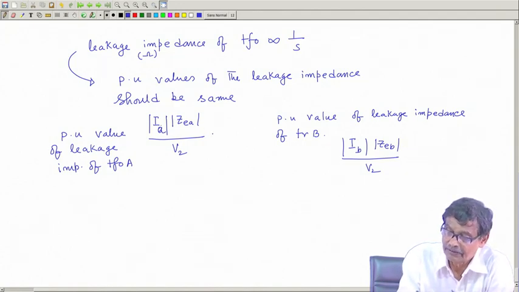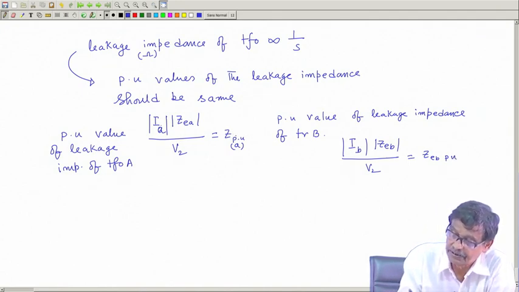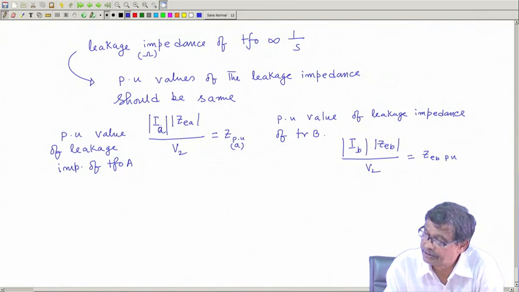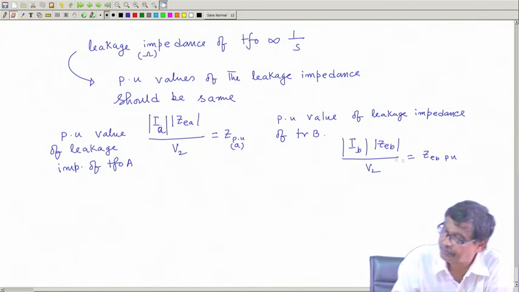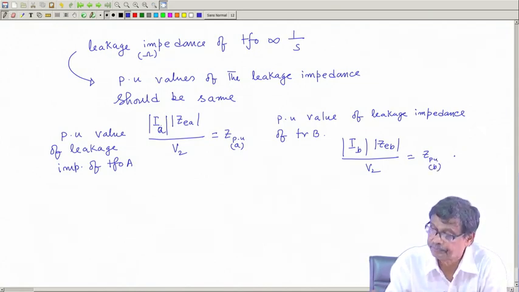This is called Z_EA per unit, transformer A, and this is Z_EB per unit, transformer B.